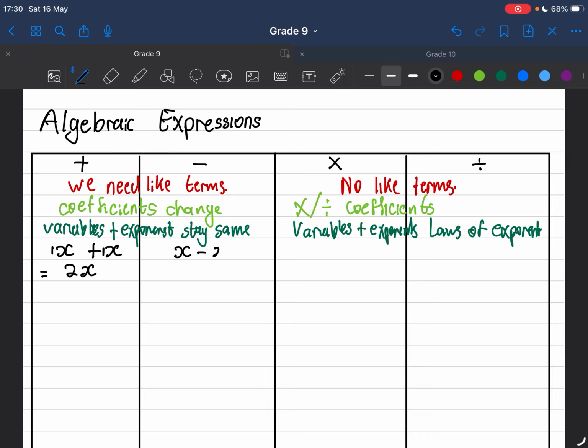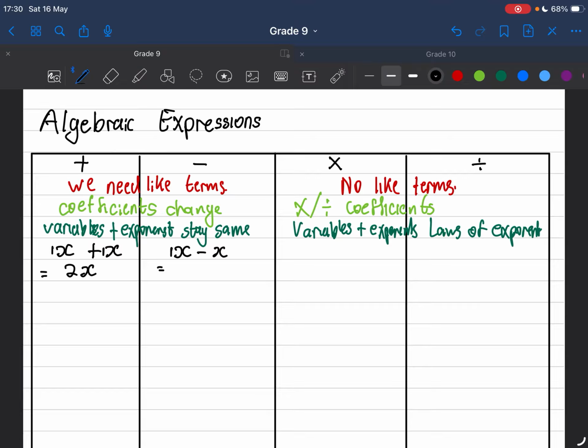x minus x. I'm using the same two variables, x and x, for all the operations to see what the different answers look like. In this case, like terms are needed again. The coefficients change and the variables and exponents stay the same.